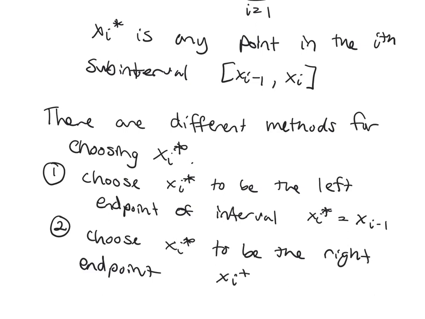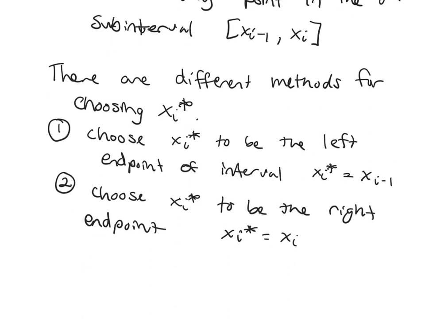So xi star would be xi, the right endpoint, okay? Those are the two most common ones you probably saw when you did Riemann sums previously, left endpoint and right endpoint. I've got two more left to tell you about.